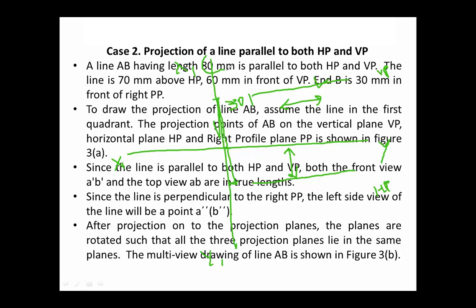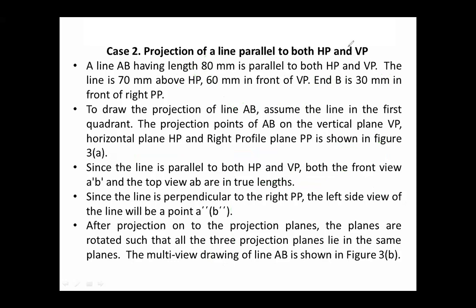Understand? All three dimensions are given. Now one point is fixed, and you know it is 80 mm, so you can measure 80 mm and draw accordingly. We will see actually how it is done. Understand? So draw the projection of line AB, assume the line is in the first quadrant. Yeah, you need to assume this, it is not given.